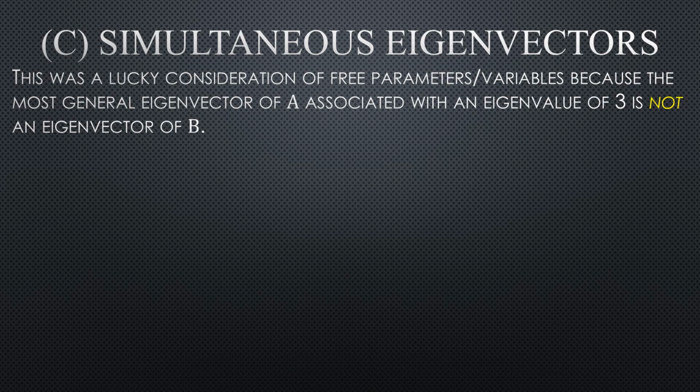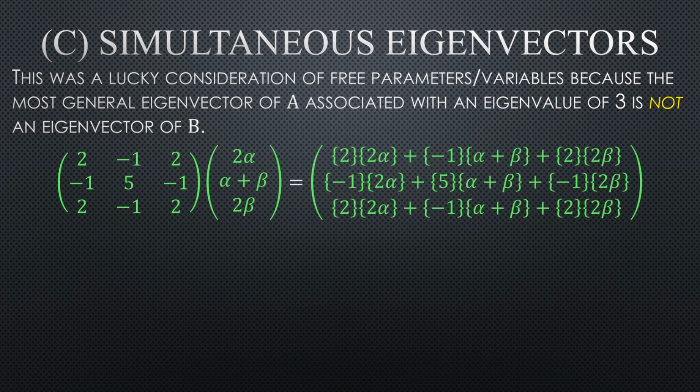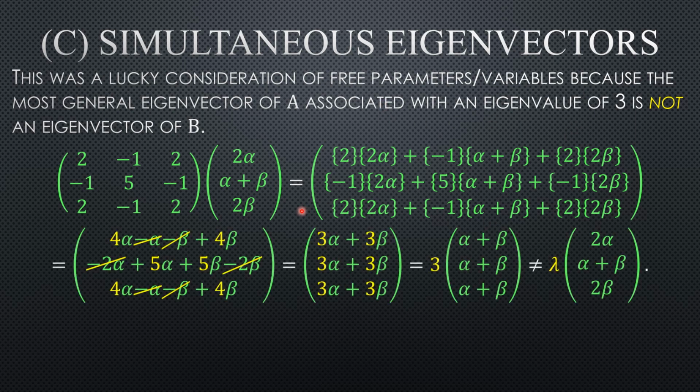While these were a lucky guess, so to speak, or a lucky consideration of free parameters, the most general eigenvectors of A, with the eigenvalue of 3, is not an eigenvector of B. And the reason why is because if we look at that general solution form for lambda equal 3, we saw that we ended up with 2 alpha, alpha plus beta, 2 beta, and when we multiply these in component-wise, row to column, we see that the matrix multiplication doesn't pan out well.